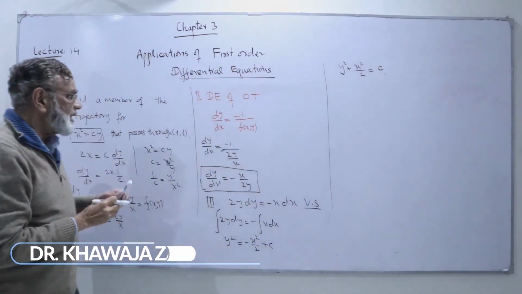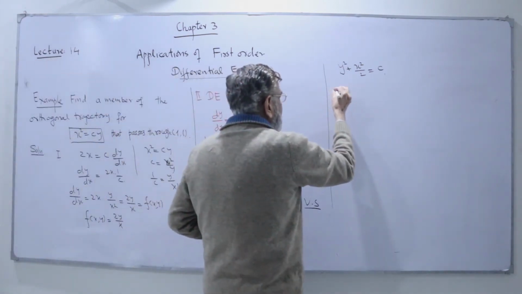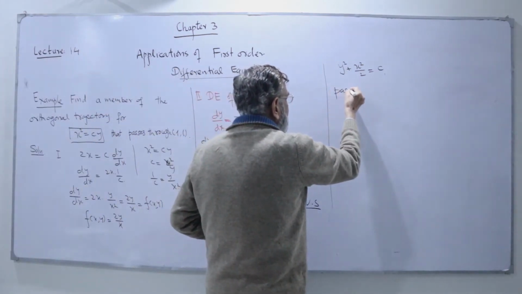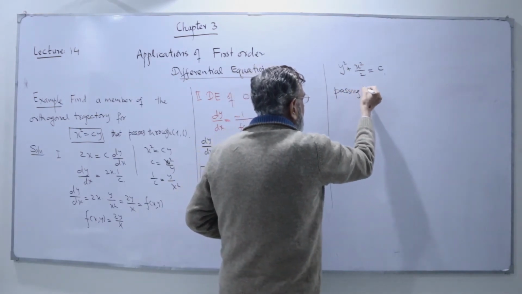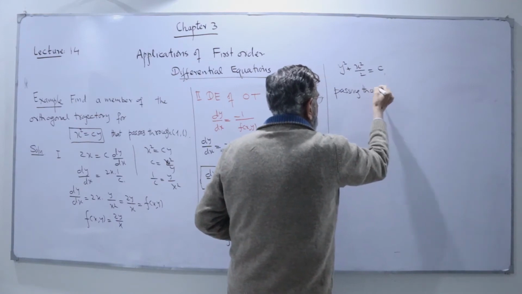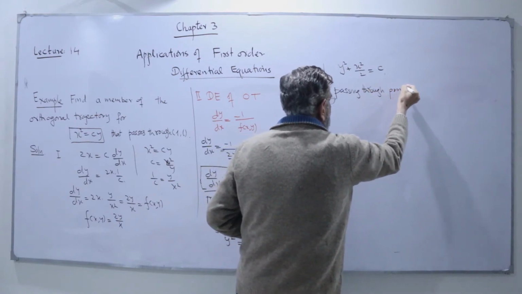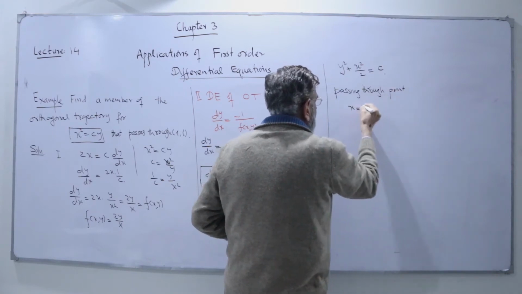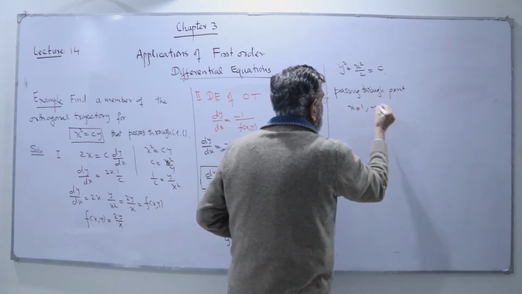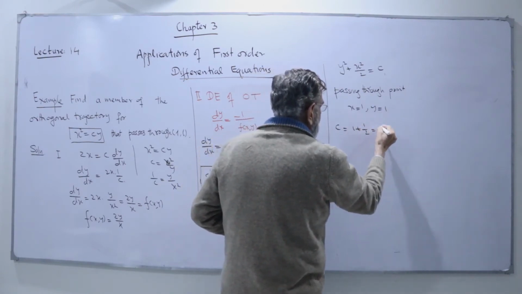But now here we said it passes through point (1, 1). Passing through point (1, 1) means x equal to 1, y equal to 1. Substitute it here. We get c1 is equal to 1 plus 1 by 2, which is 3 by 2.